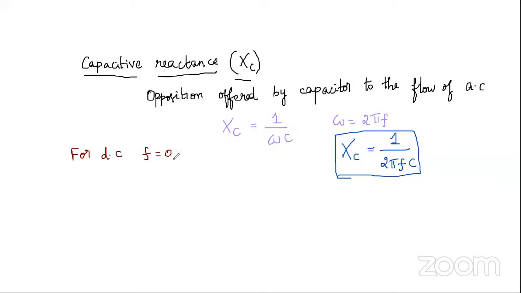So when f equal to 0, then Xc equal to infinity. That means a capacitor always offers infinite resistance to DC.